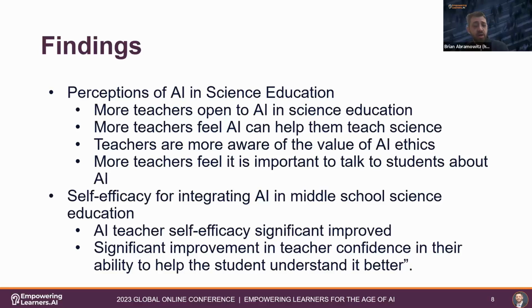Teachers are more aware of the value of AI ethics, and they're more hesitant. Some of them just want to learn more about AI before they use AI completely in their classroom, but they're more open to it. More teachers feel it's important to talk to students about AI. They realize that this is likely going to be their students' career, whether their students work in the AI sector or they just have a job in the future.